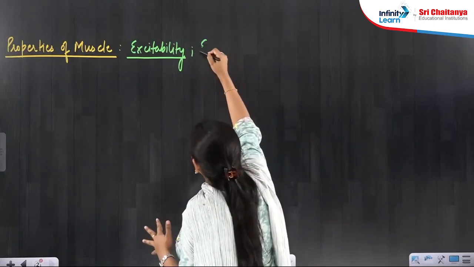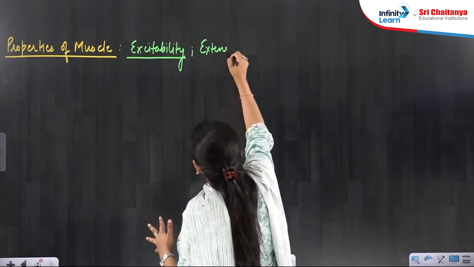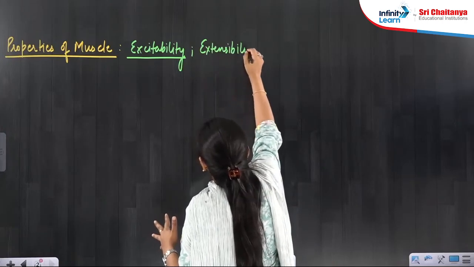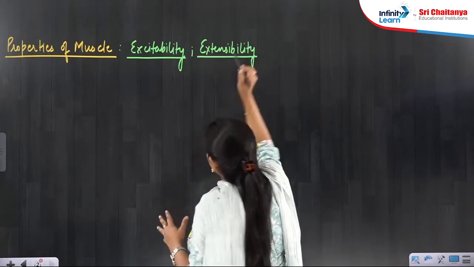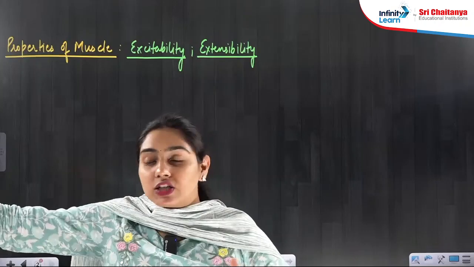After excitability, muscles have extensibility. Let me give you an example. Suppose you are sitting on a sofa watching a match on TV; nowadays the IPL is on. The sofa is very long, and on the other side there is the remote.